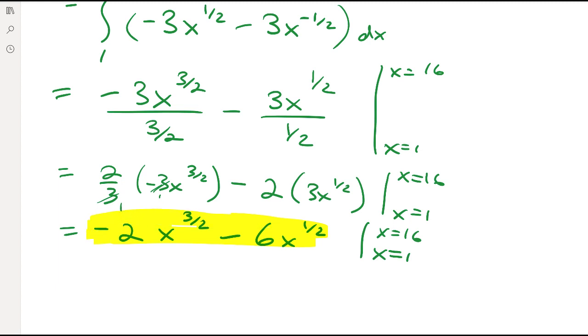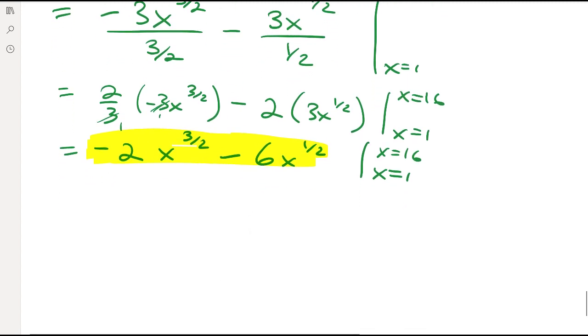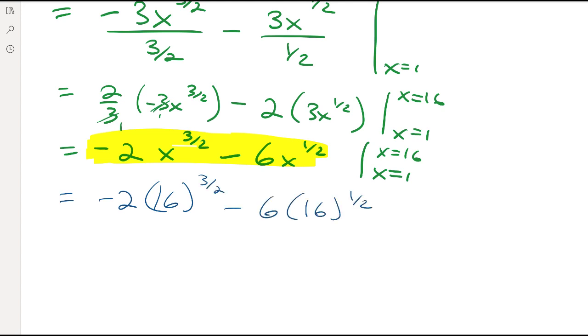What are we going to plug in first for x? We're going to plug in 16. -2 times 16 to the 3/2 minus 6 times 16 to the 1/2. Okay, that entire quantity needs to be subtracted away from the quantity of, now we plug in 1.